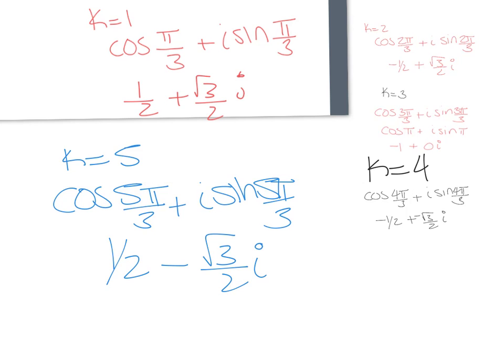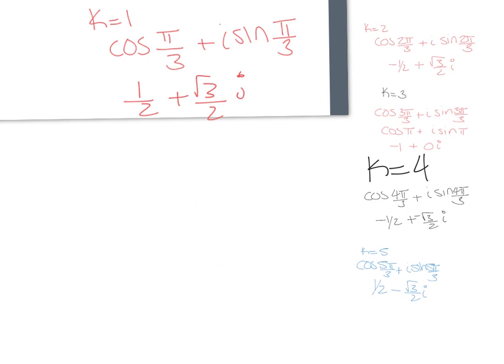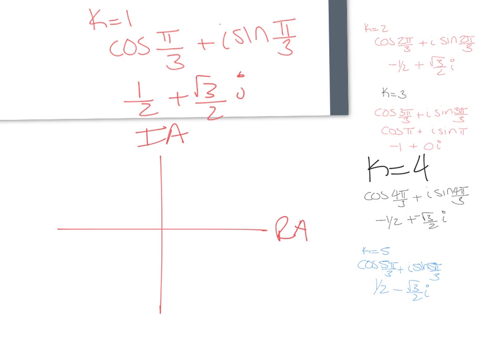So lastly, if I were to graph all of this on the real and imaginary axis, we're going to start off with 1. That's our first point, 1 plus 0i. Then we had about right here, half plus radical 3 over 2i.